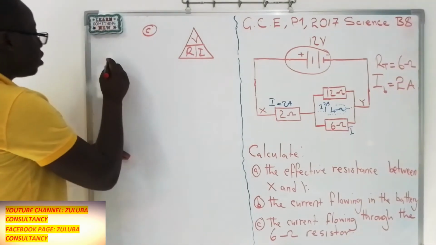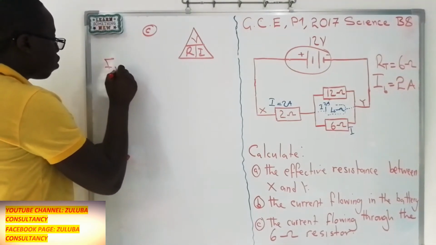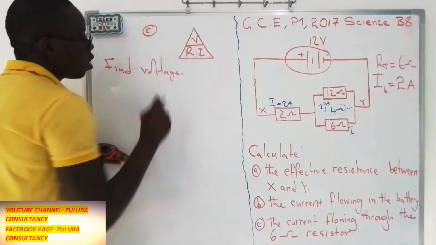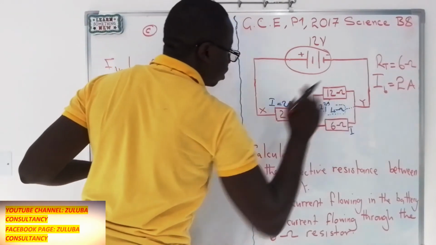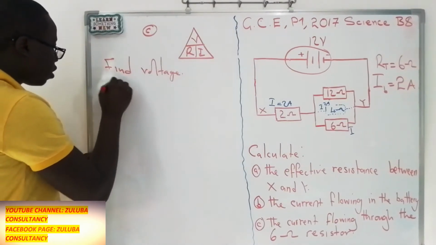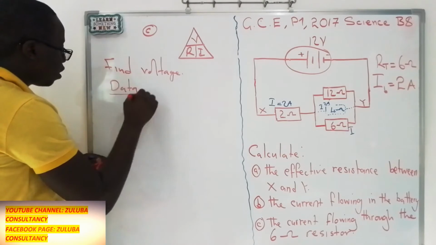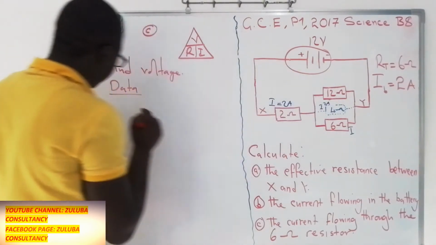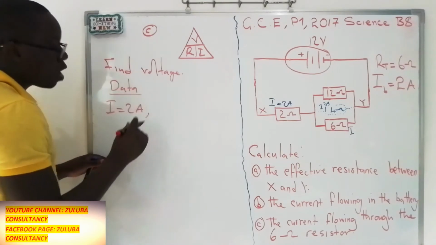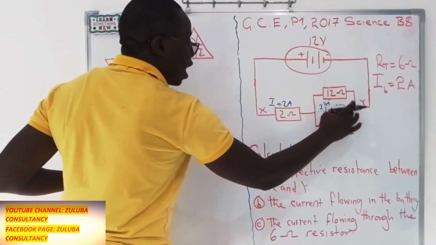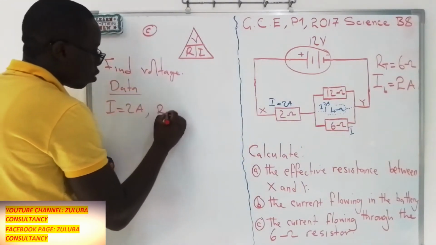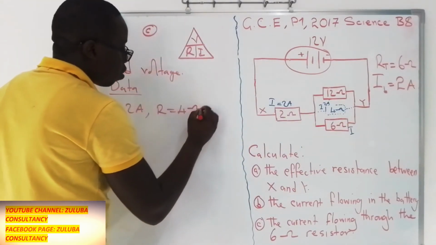We need to find the voltage, the voltage that is reaching this part. So we have said the current that is reaching this point is 2 amps and this point has the effective resistance of 4 ohms.